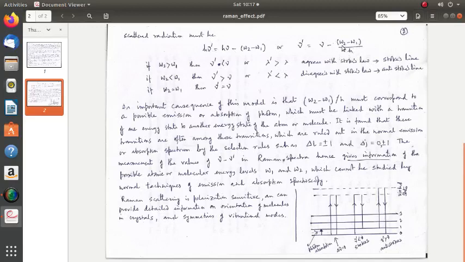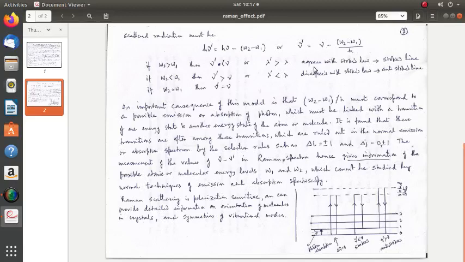Now depending on whether W2 is greater than W1 or W2 is less than W1 or W2 is equal to W1, we can have three cases. So case 1 is if W2 minus W1 is positive. If this is positive, then nu prime is less than nu. That is lambda dash is greater than lambda.